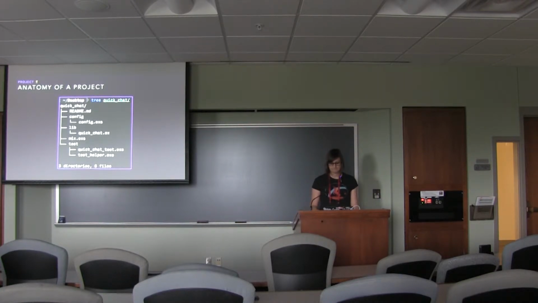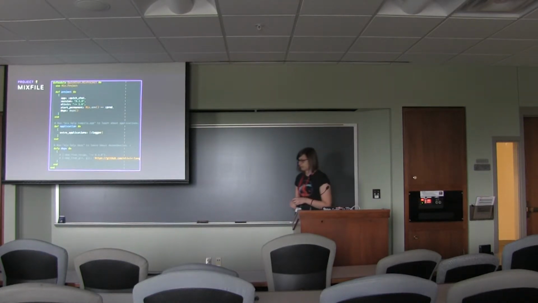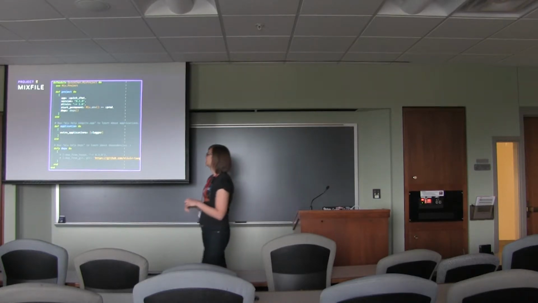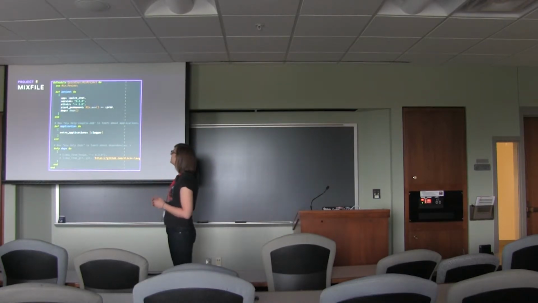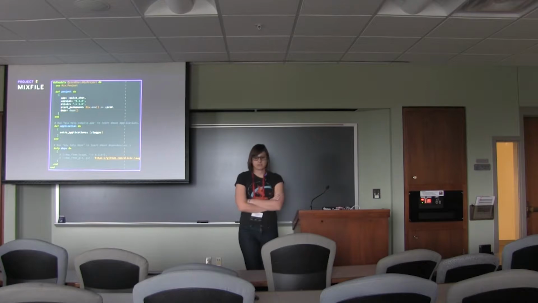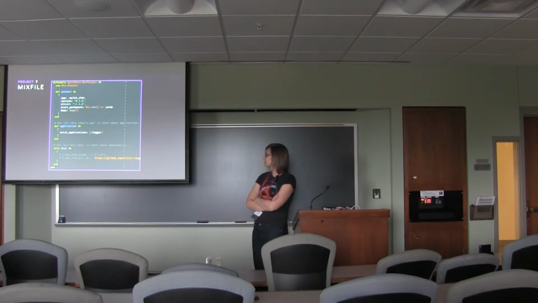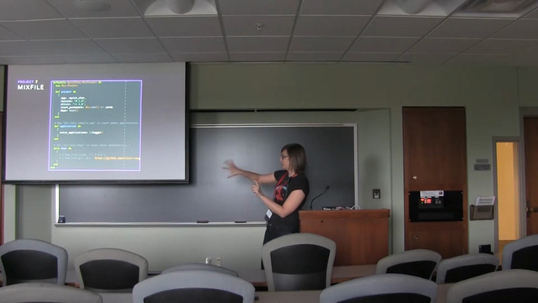Pretty simple. Go ahead in your text editor, open up mix.exs, and it'll look a whole lot like this. Every language does it slightly differently, or every system. It's a regular module in Elixir, QuickChat.MixProject. The convention in a project is to namespace everything.